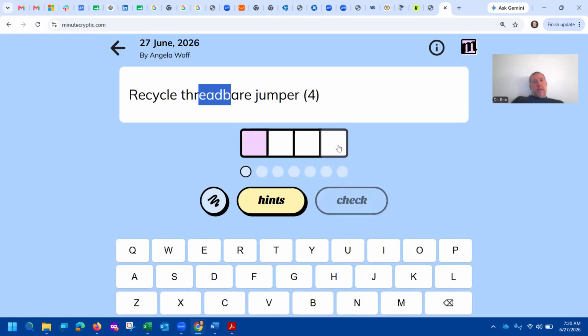Yeah, just took out the center letters of recycle. That somehow meant thread.